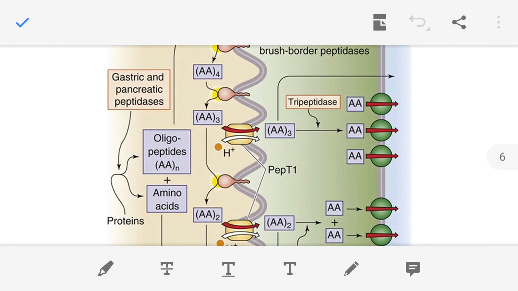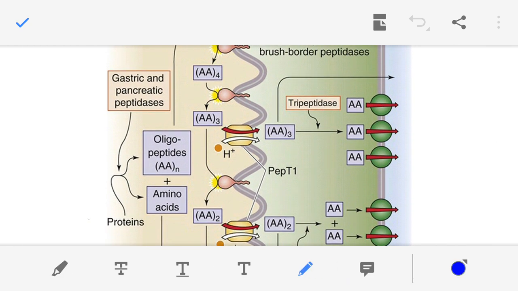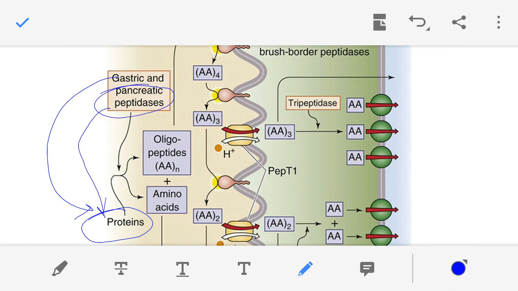Now what is happening? How is the protein digested? On the protein, pepsin is acting, then the pancreatic proteases, and we know there are 5 proteases, trypsin, chymotrypsin, etc. All of them are acting on this protein.